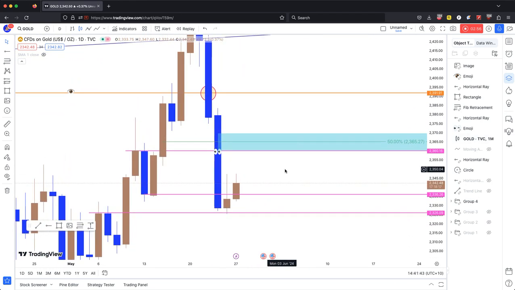So let's have a look here. Today's Monday, this was Friday, and this is Thursday. Okay, so Thursday we stopped around here. So essentially we have to look at what's going on in a lower time frame here.